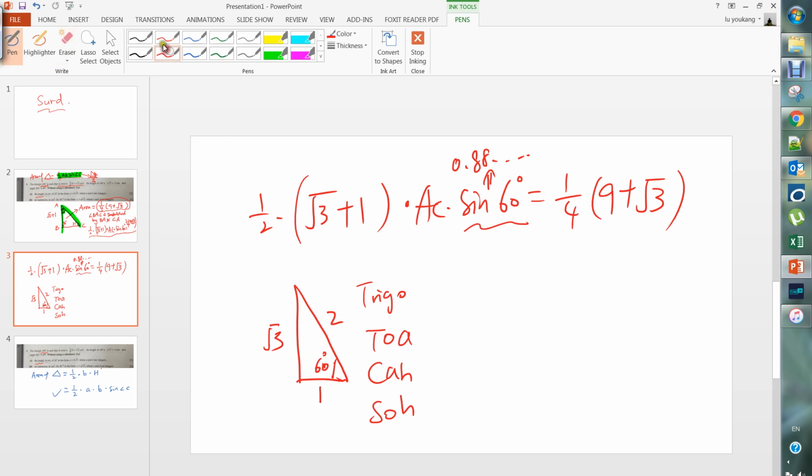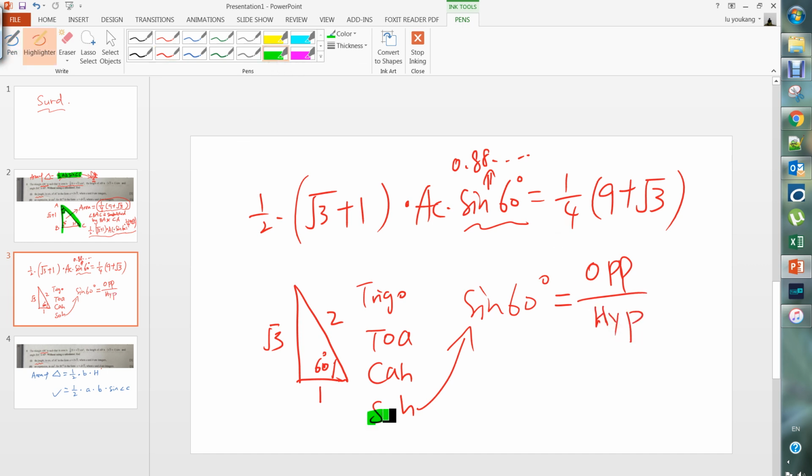Clearly here they ask for sine 60, so I need to use SOH, because they want sine 60. SOH is opposite over hypotenuse, because OH, right? Can you see?